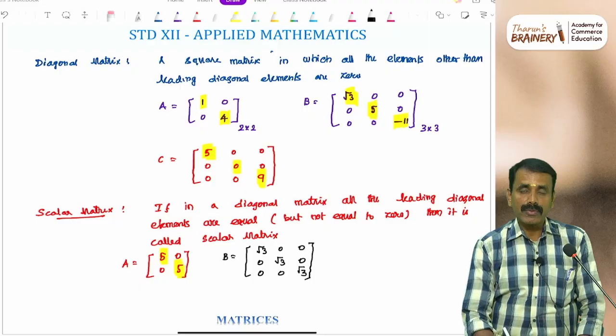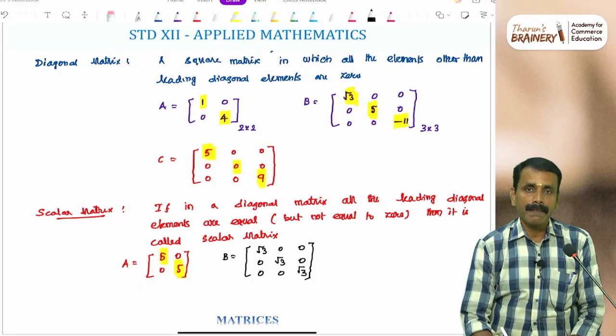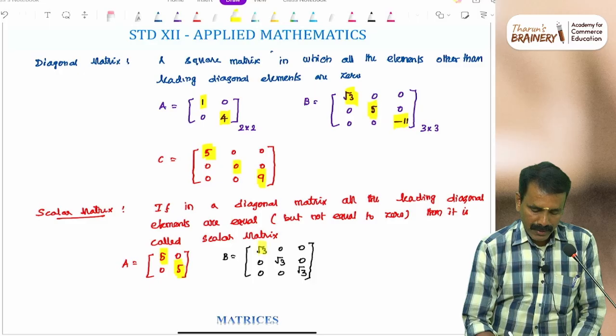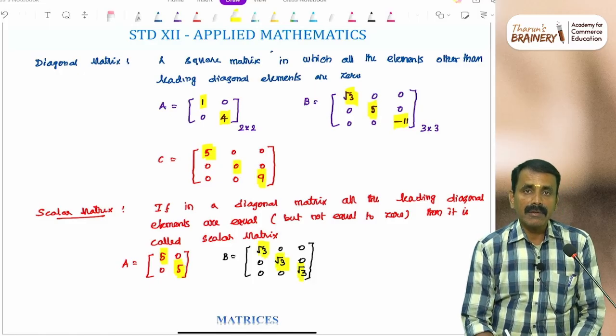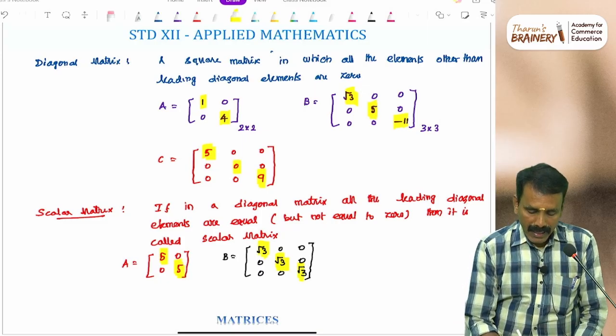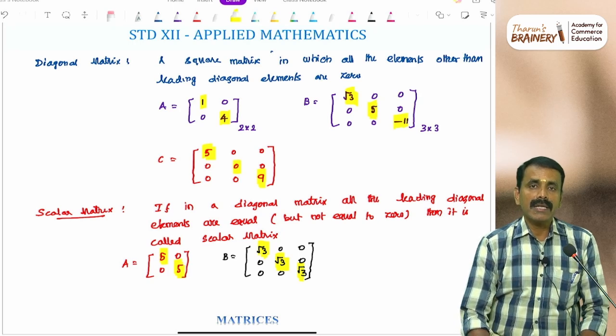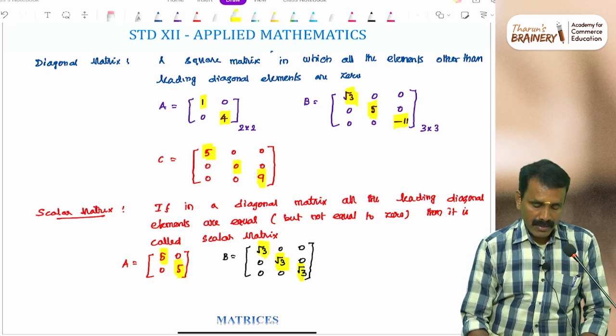So, this is a square matrix of order 3 by 3, and this is your leading diagonal. Except for these diagonal elements, all the elements are going to be 0, and moreover the diagonal elements are going to be the same, identical, equal. So, this is called a scalar matrix. Okay.